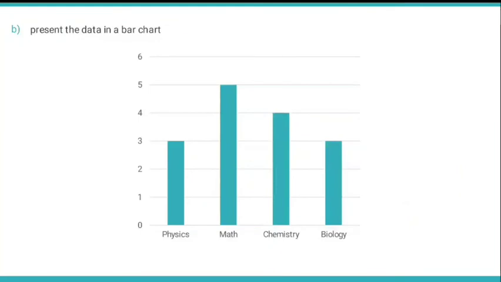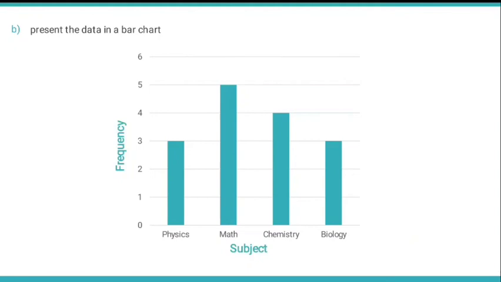For the next question, we are told to present the data in bar chart. Now, this is the view for the bar chart. In this bar chart, there are subject and frequency.